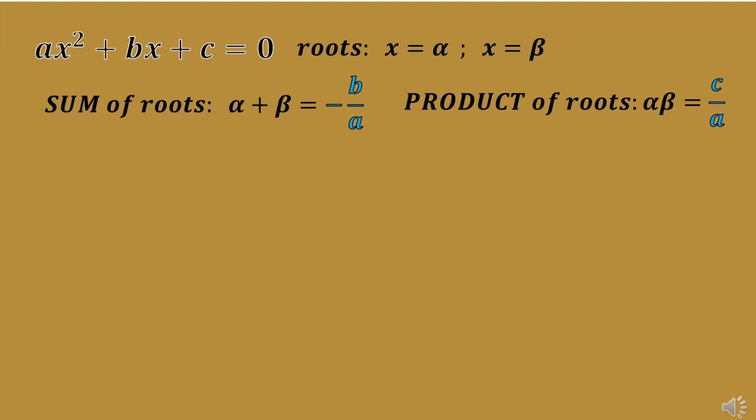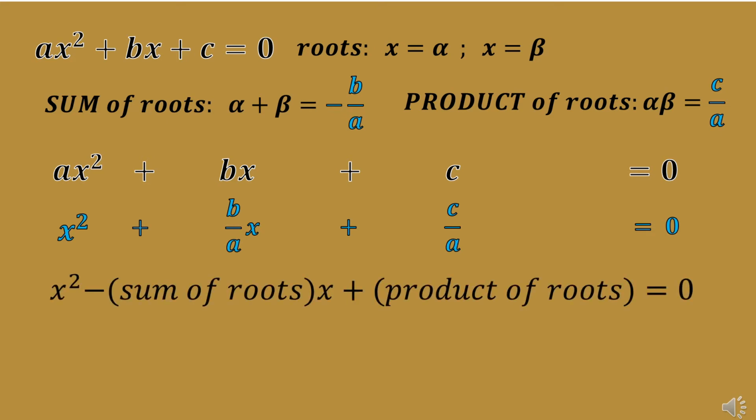Notice that it is fairly easy to express x squared plus b over a x plus c over a. So, from this result, we will have x squared minus the sum of roots times x plus the product of roots is equal to 0.